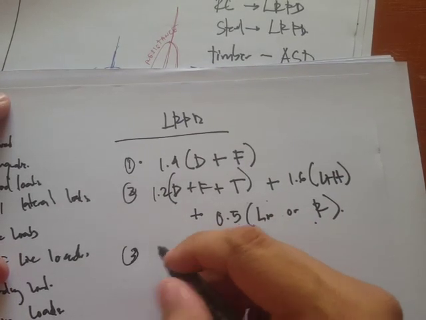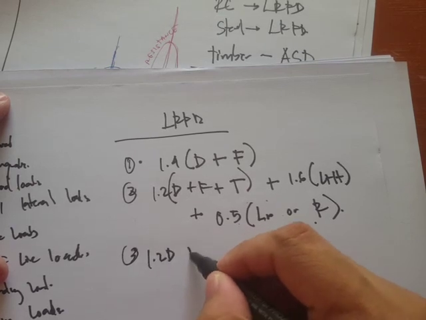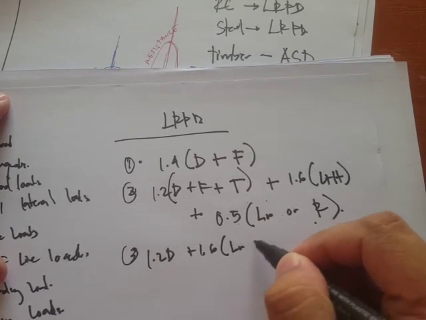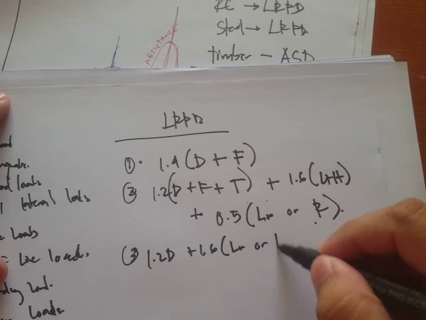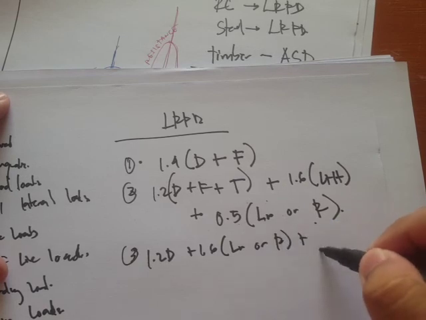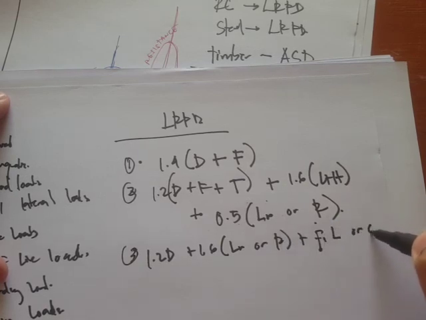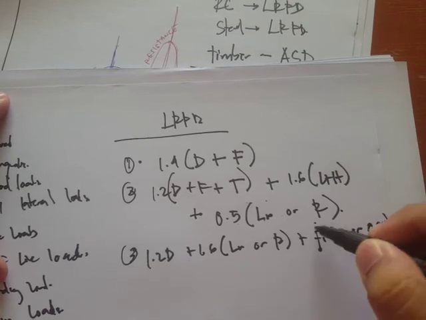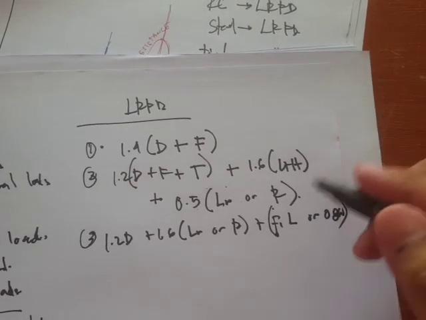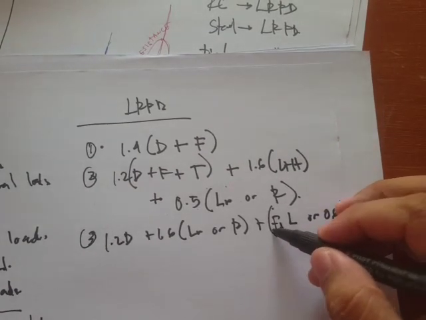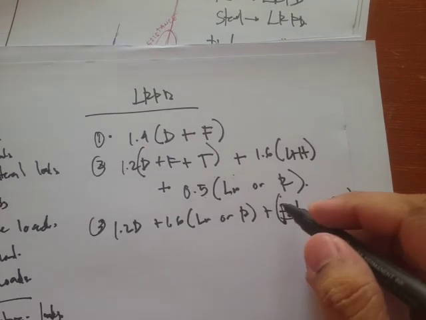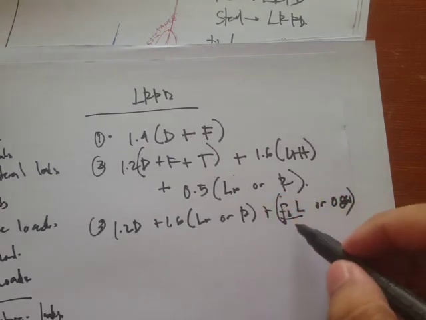Number 3 we have 1.2 dead plus 1.6 LR or R plus f1 L or 0.8 wind. This value f1 here is just from the notes on our lecture handouts.